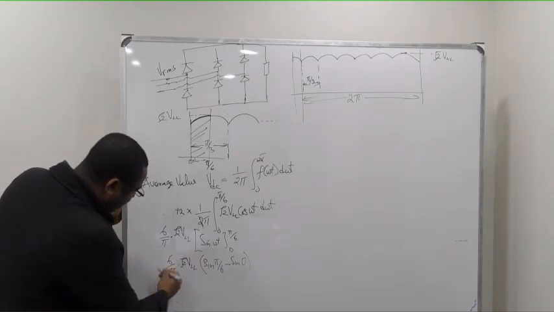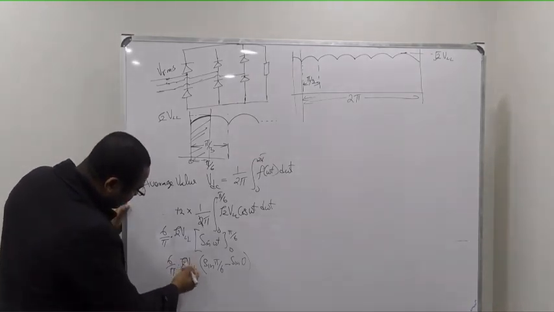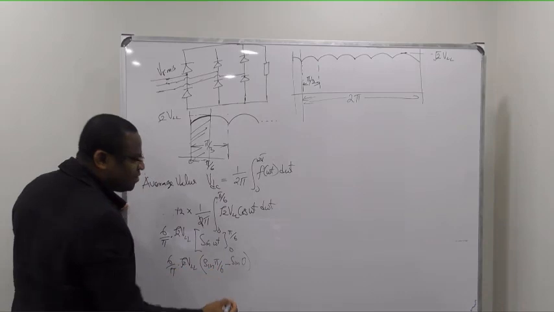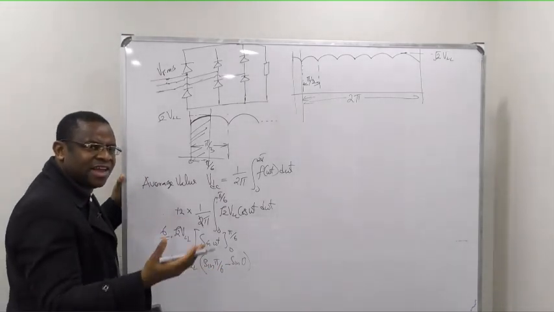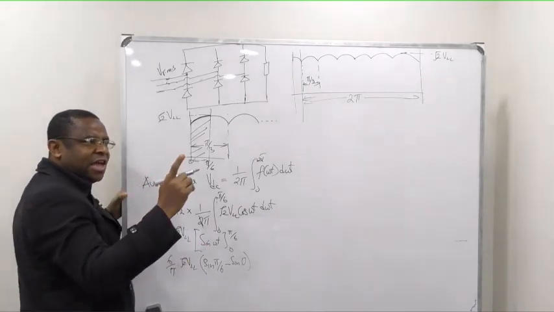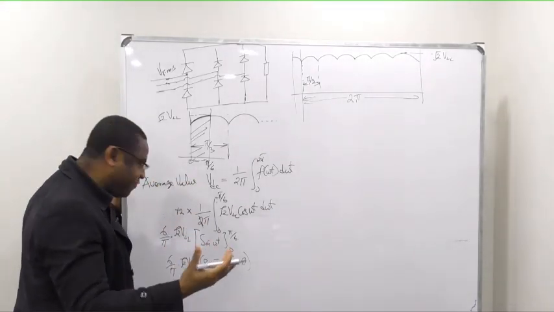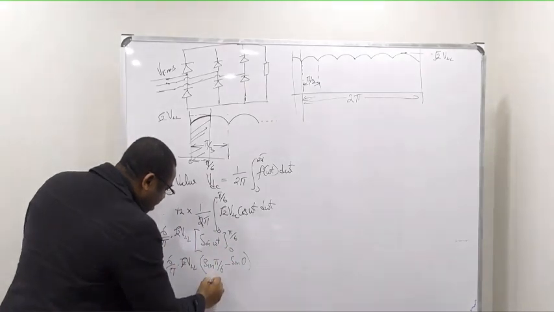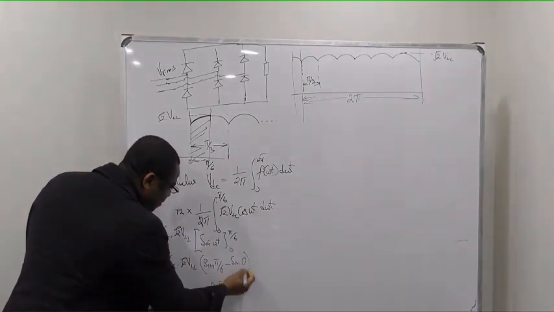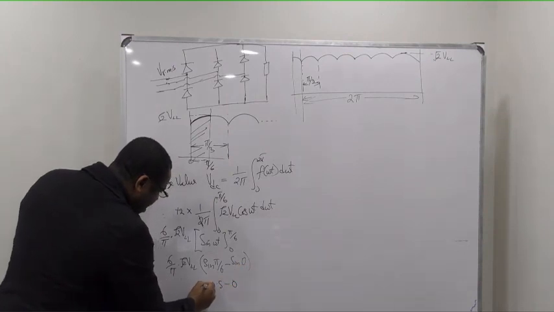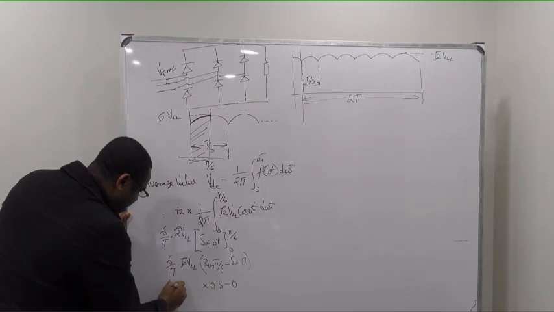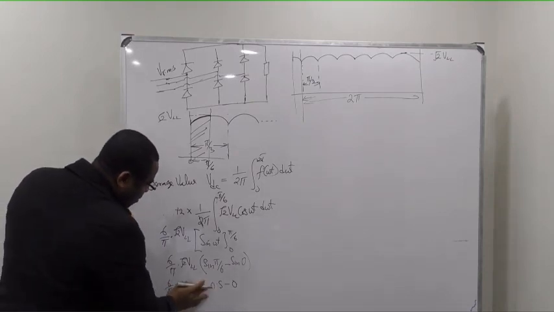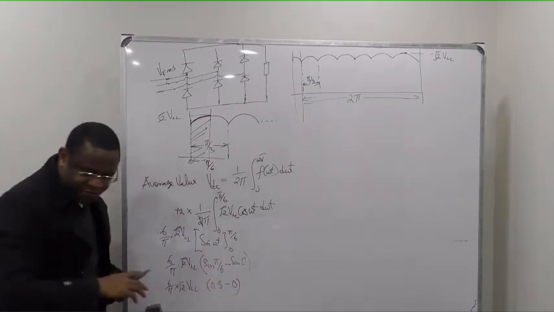Let's evaluate that. What is sine pi/6? Pi is 180, 180/6 is 30. Sine 30 is 1/2, that's 0.5, minus sine 0, which is 0. So 6/pi times √2 VLL times 0.5.